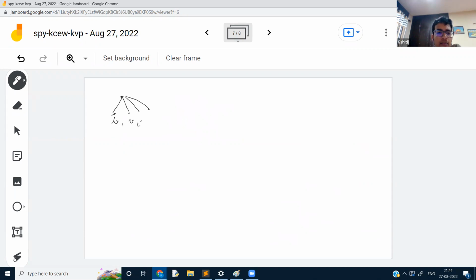Let's denote these subtrees by V1, V2. Si were the sizes. This is the entire subtree and not the number of nodes.